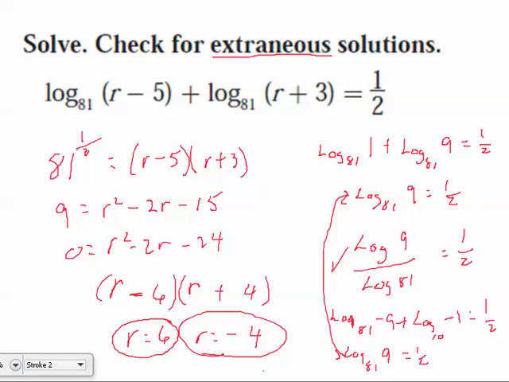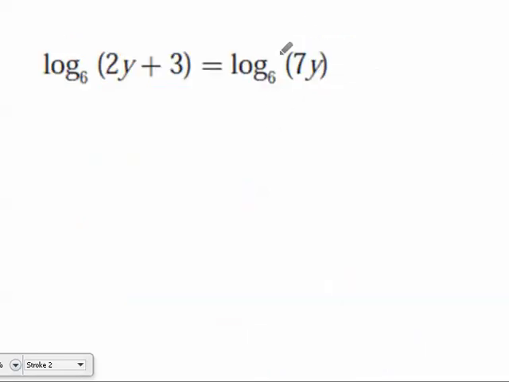Okay? Let's do the same thing on this one. So we've got log base 6 of (2y plus 3) divided by 7y equals 0. Why? Because I subtracted the log of 7y here, and since I had a subtraction, I went ahead and divided them.